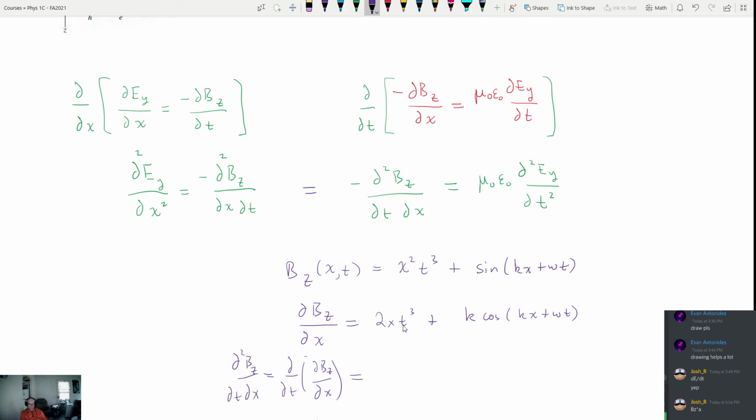Take the time derivative of this, we're going to get 3 times 2 is 6xt squared, plus the time derivative of this thing is going to be k omega negative sine of kx plus omega t, I think. Does that seem right? Does everyone agree? Does that feel right to everybody? Did I go through that too fast?